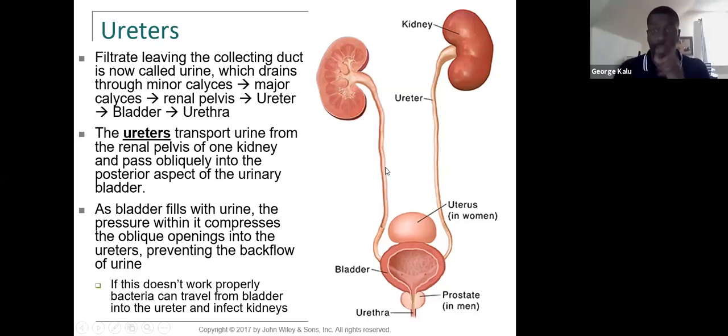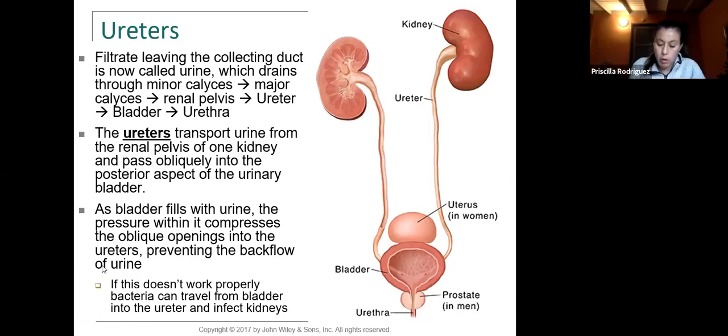The reason this is helpful is that if any bacteria make their way inside the urine, and these openings don't close properly, the bacteria can enter back up into the ureters and then make their way back up into the kidneys, and then all of a sudden you've got kidney infections. So we need those openings to close up properly as the bladder begins to fill with urine.